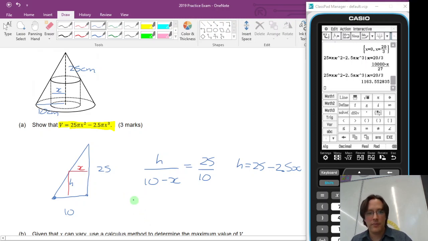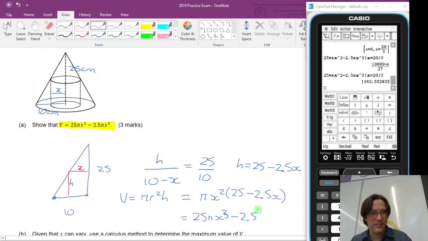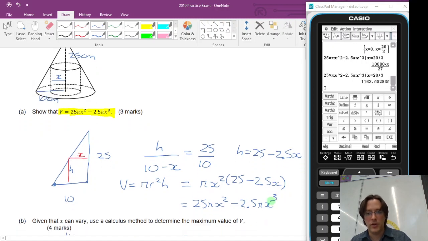But from that, volume is equal to pi r squared h, which is pi x squared times 25 minus 2.5x, which is 25 pi x squared minus 2.5, or cubed rather. No, that's squared. Minus 2.5 pi x, that's the cubed one. There we go.